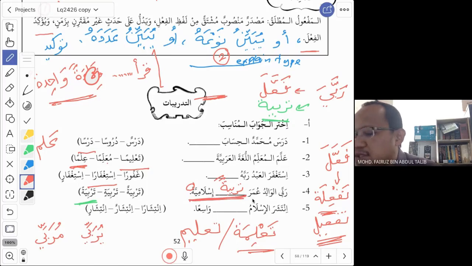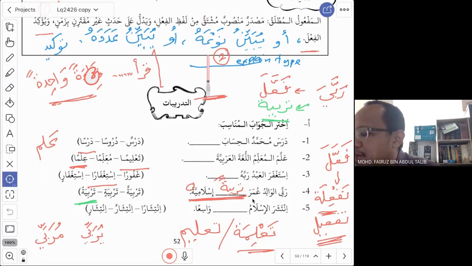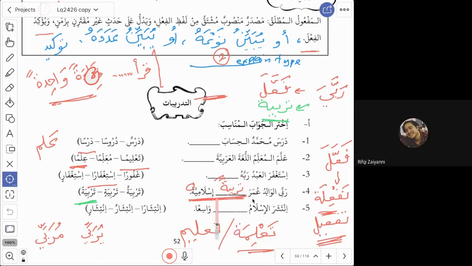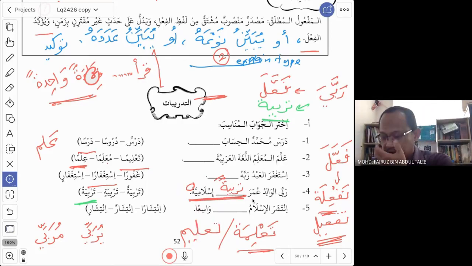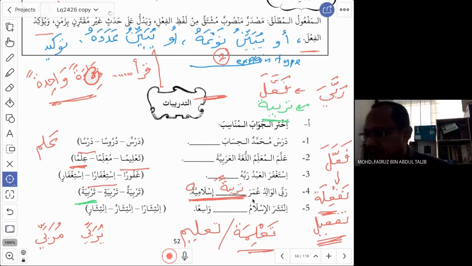This is now to explain the type. How was the tarbiyah? What kind of tarbiyah? Islamic tarbiyah. So that is another function of using maf'ul mutlaq.